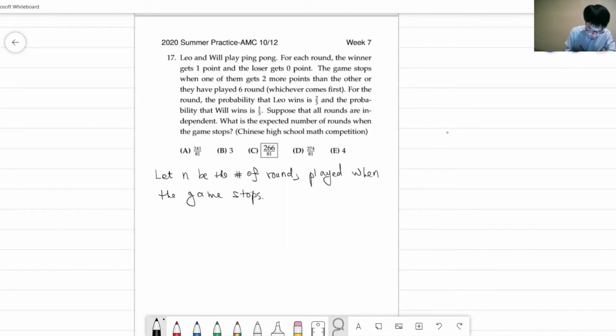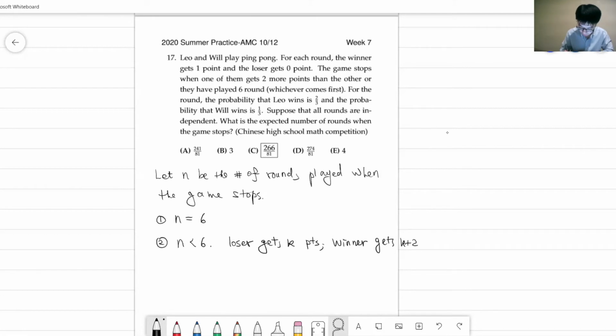So there are two types of cases. First one, if n is just 6, okay, that's possible. But when the game played is just 6 rounds, we stop the game. Or n is less than 6. If n is less than 6, we are sure that one person wins. So the loser gets k points, and the winner of the whole game gets k plus 2 points.